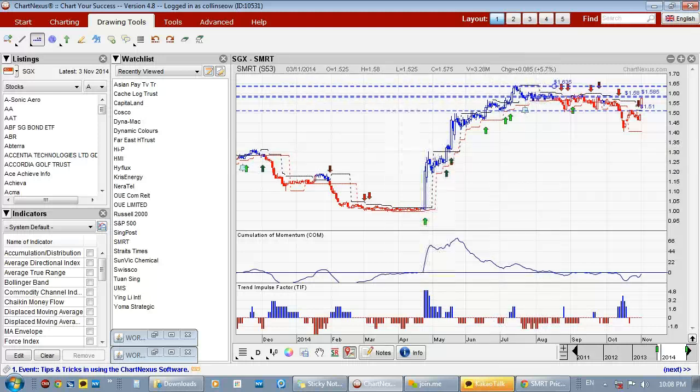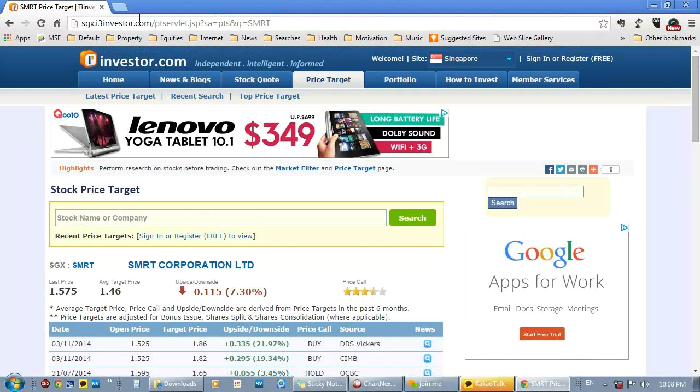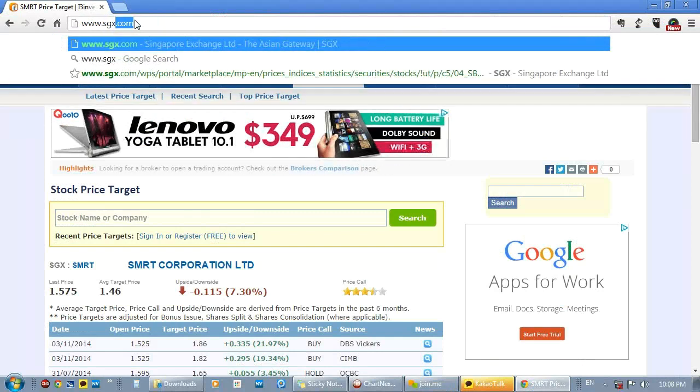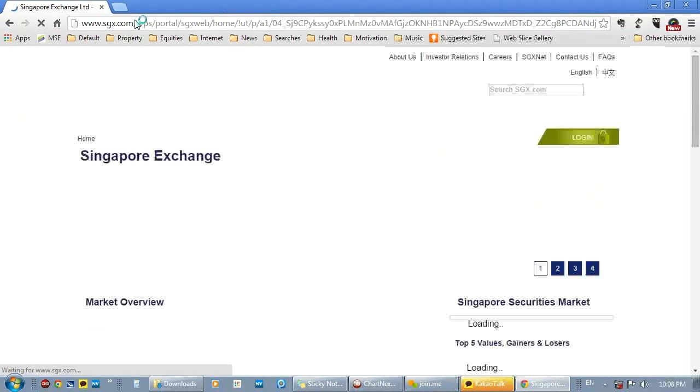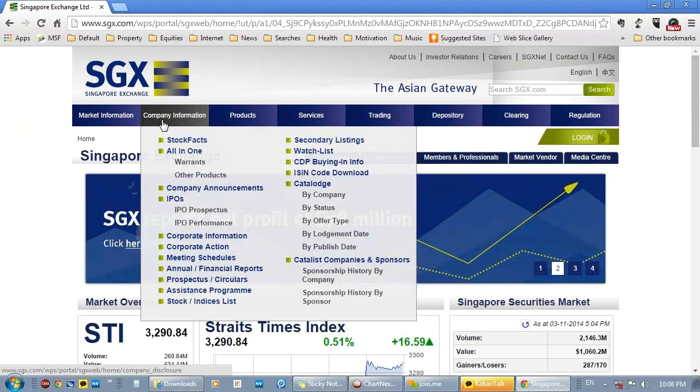Okay, there's a question. The question is, hi Colin, is there any site to look at the latest annual report? Easy, the SGX. When the company files annual reports, they must always inform SGX. Okay, so go to SGX. The SGX website has changed. I find it used to be easier to find.